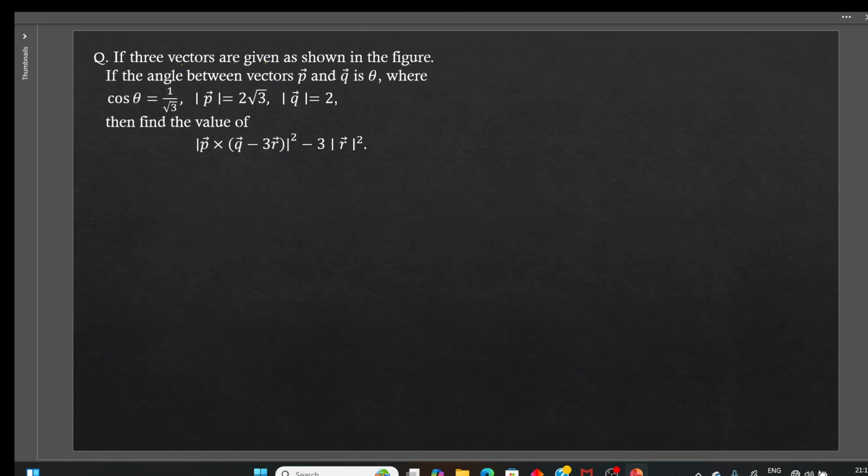Let's go to the remaining questions. Here, three vectors are given as shown in the figure. This is the figure: three vectors P, Q, R. Q vector, P vector in the opposite direction, R vector.